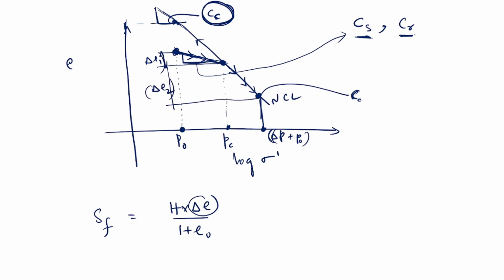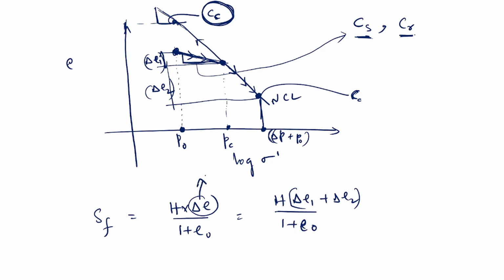So it will be H by 1 plus E naught multiplied by the total delta E.